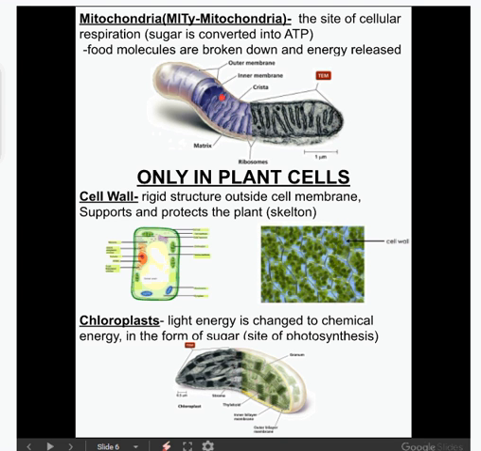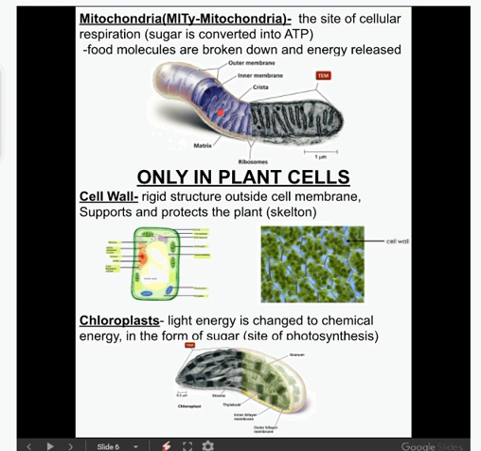But you'll see in here there are two sets of membranes. There's an outer membrane and an inner membrane that's folded. If you were to take that inner folded membrane and stretch it all out, it would be much, much larger than the actual mitochondria, because those folds increase the surface area inside of that mitochondria, meaning they can pack in more proteins and enzymes to do the job that the mitochondria needs to do.